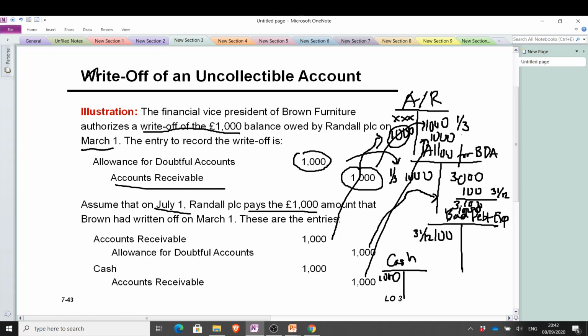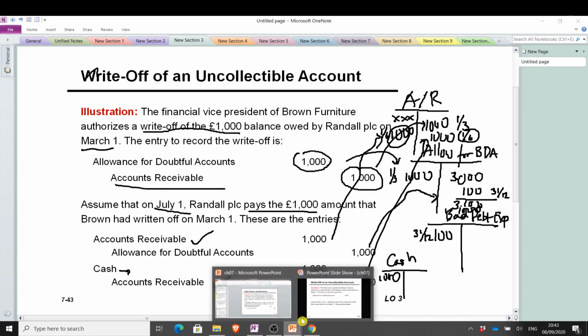So on July 1, there are two entries for our accounts receivable. First, when we record our accounts receivable back, and second, when we credit it since we receive some cash. I hope that this will help you to understand this topic.